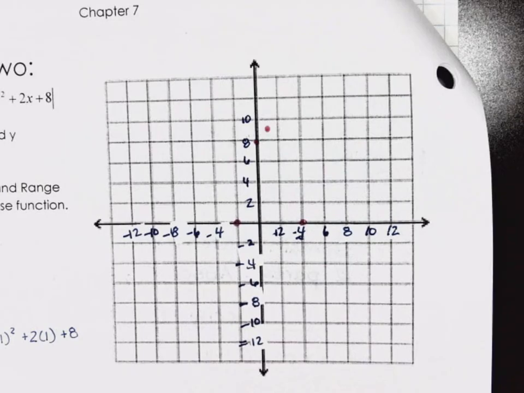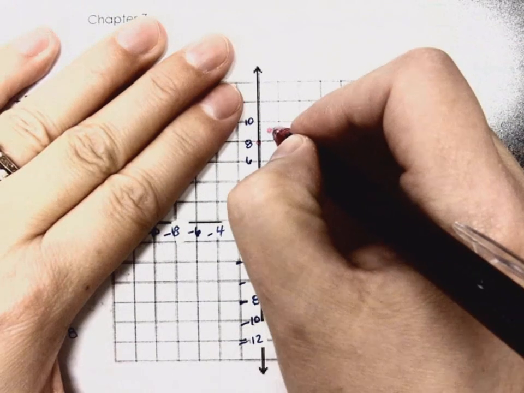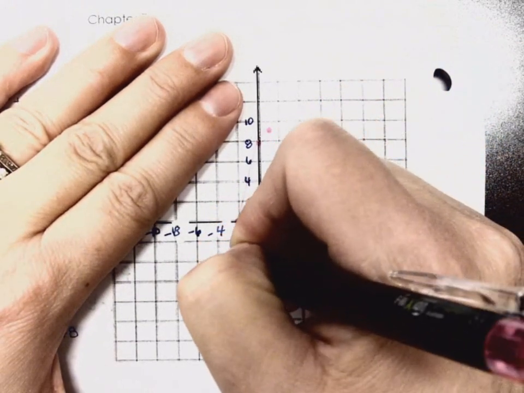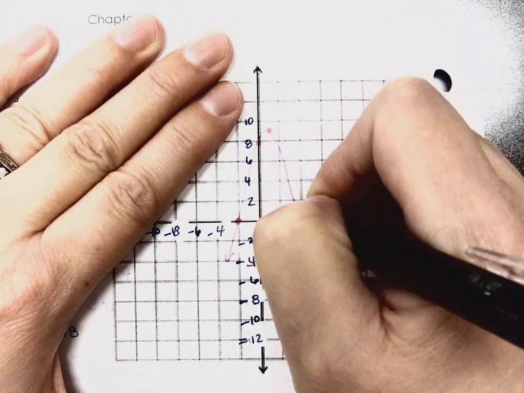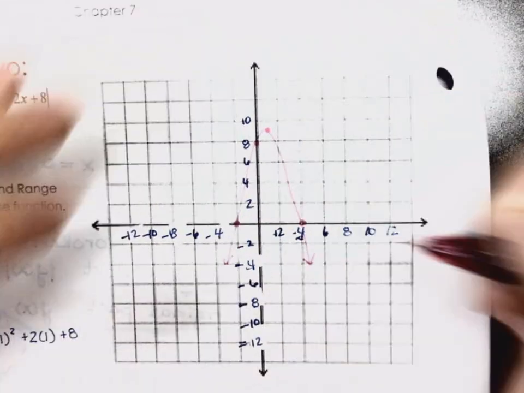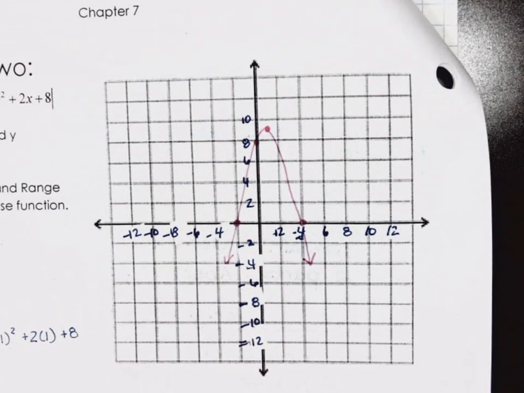I think I'd like to do some points below the x-axis. Is that going to mess you guys up any? Maybe a little bit? So we can connect them. But last year when I did it, people got all freaked out. So I want to do some points under the x-axis.